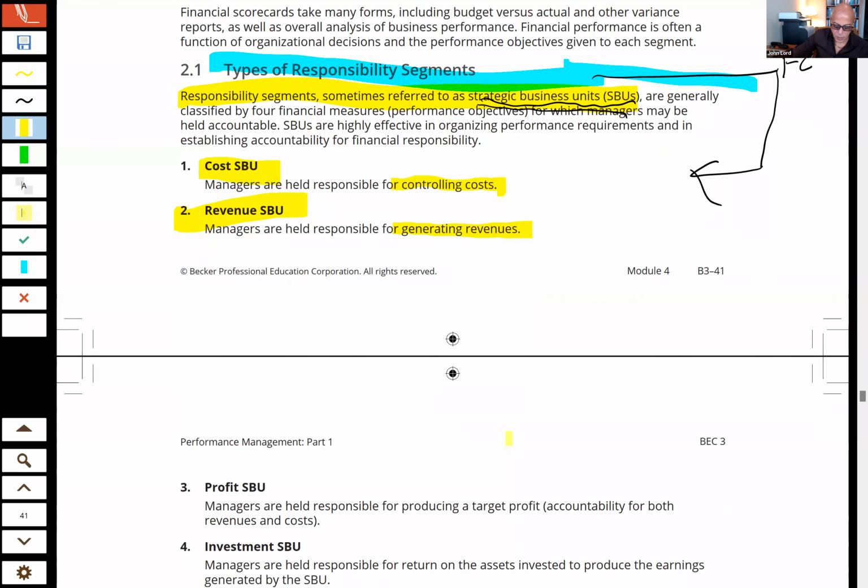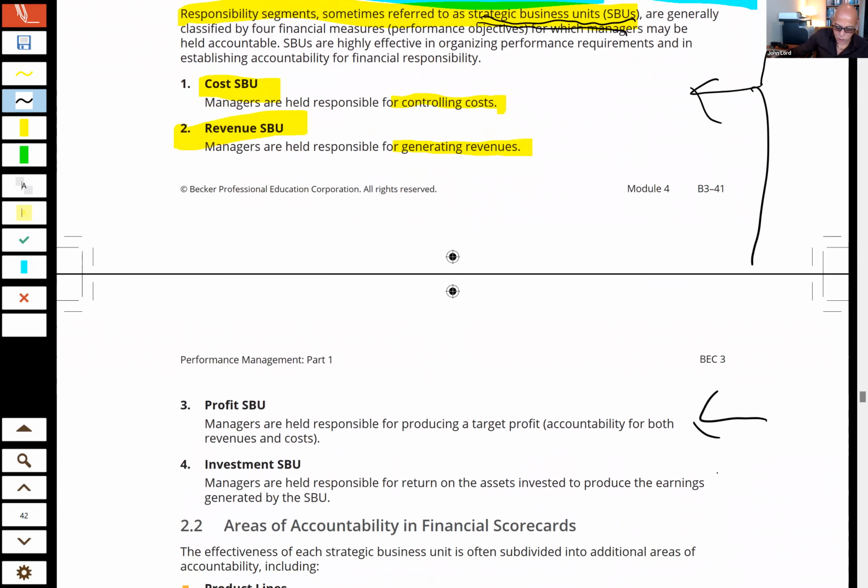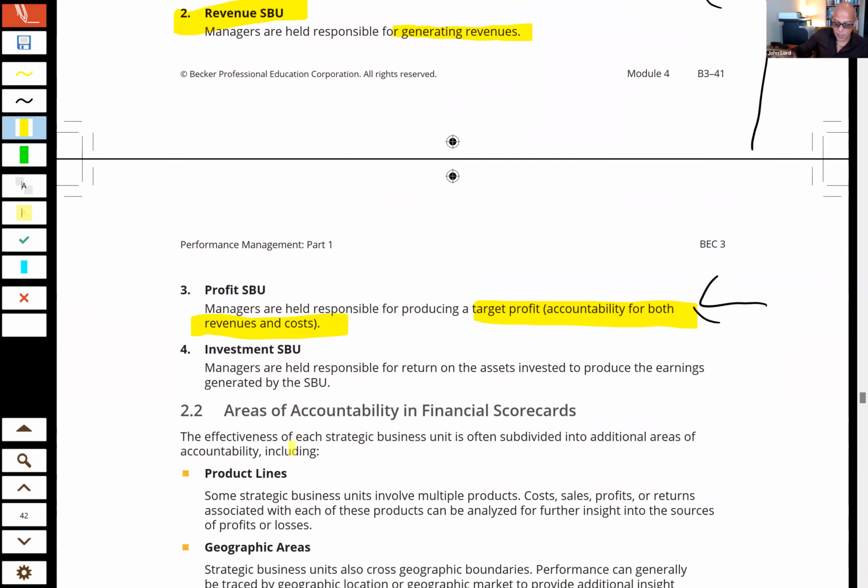Coming over to the next page, continuing that flashcard, we could have profit strategic business units, and they are going to be responsible, what do you think? For profit means that they will be controlling both revenue and cost. And then we have investment segment units that are going to be responsible for generating a return on assets invested.